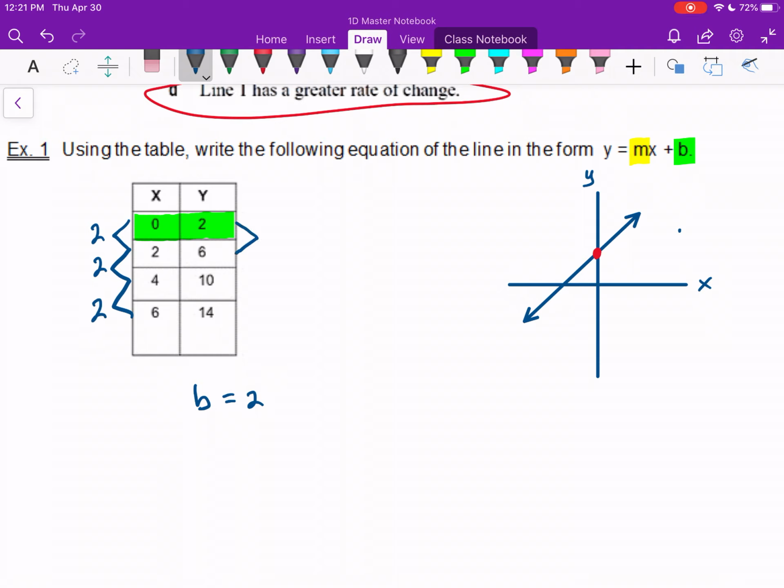Then I find the difference in the y's, sometimes called the first differences. From 2 to 6 is up by 4. 6 to 10 is up by 4. 10 to 14 is up by 4. So we're good. And so then what we can do is take the change in the y's over the change in the x's.